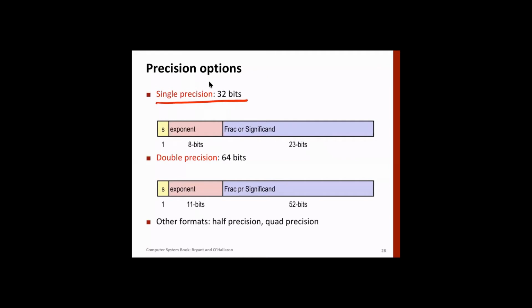Here the exponent bits are 8, but in double precision it is 11, and the fraction or significant bits are 52. There are other formats, half precision and quad precision, which we are not going to discuss. We are discussing single precision in this class, and not double precision because it is exactly similar.